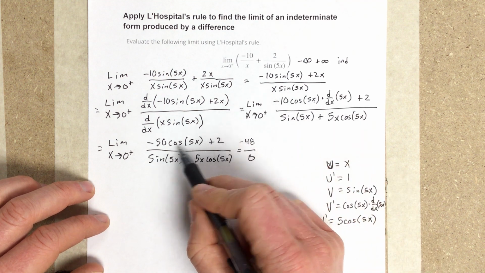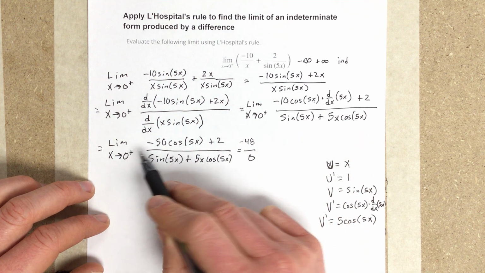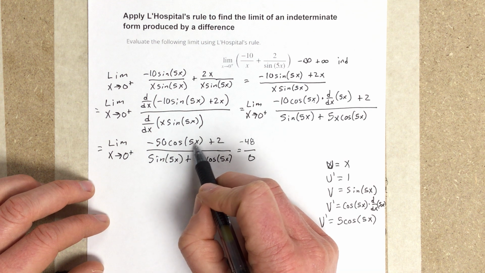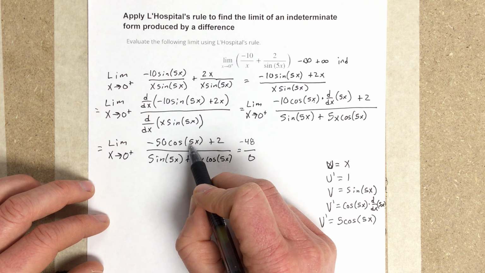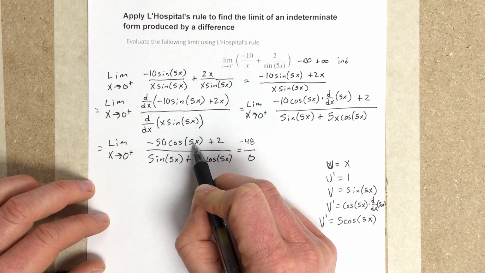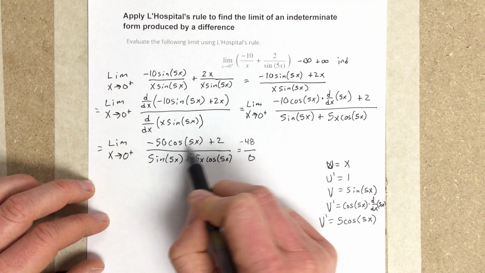So what I want to do is plug in 0 from the right. So this is basically like cosine of 0, or cosine of a really small number. It's going to give you negative 48 on the top.